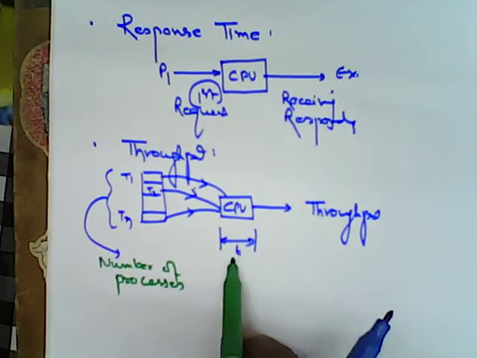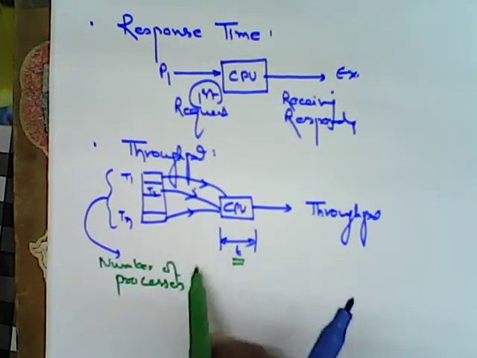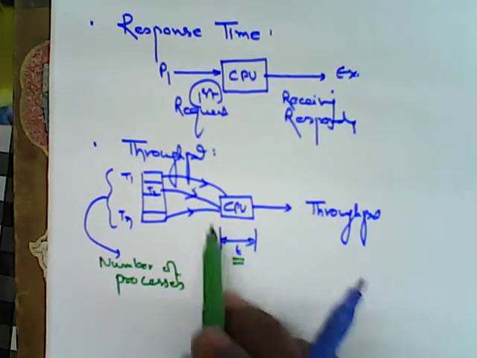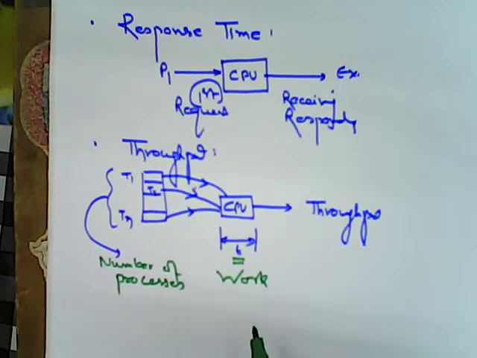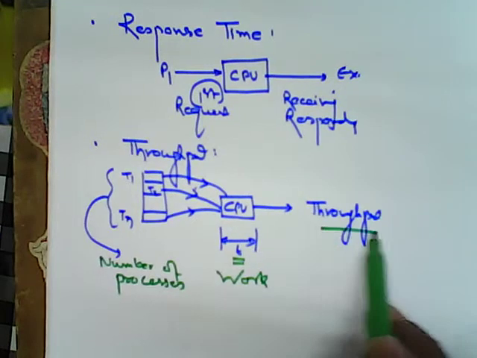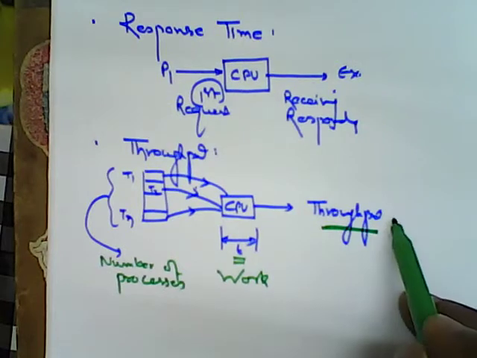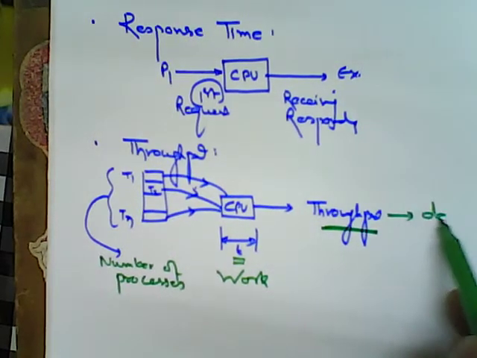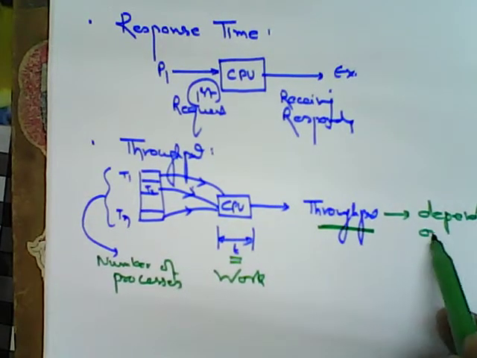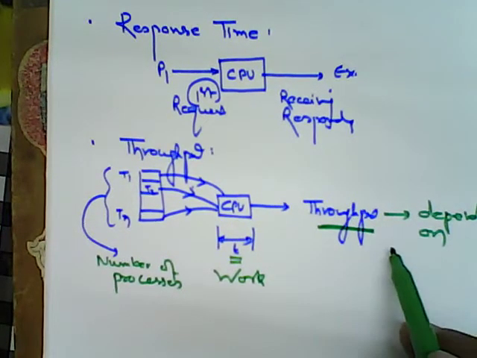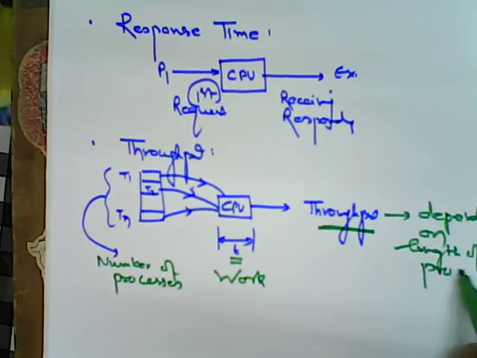The total amount of work the CPU is carrying out is known as throughput. And you have to understand that throughput depends on the length of the process. So that is known as throughput.